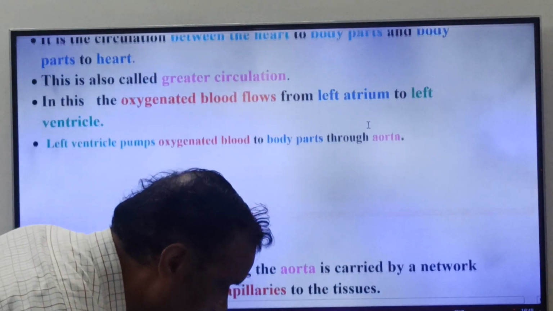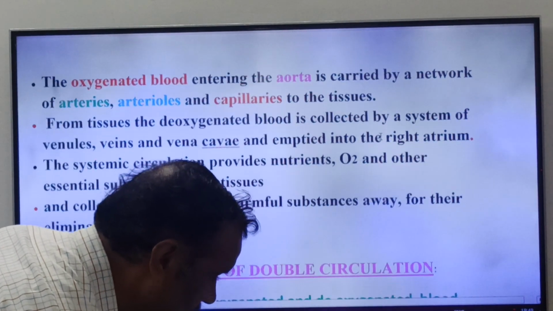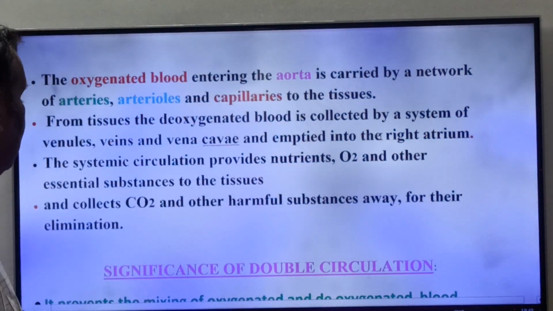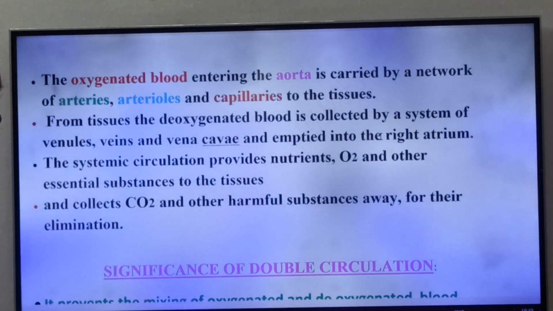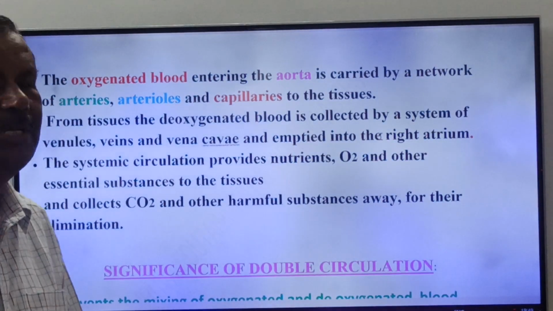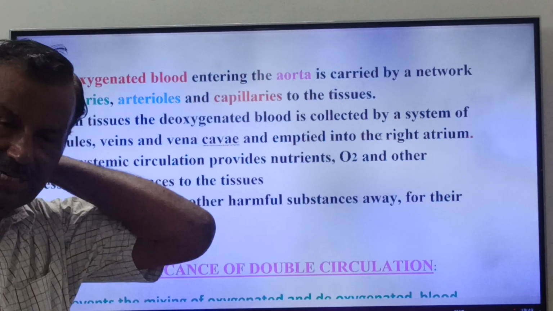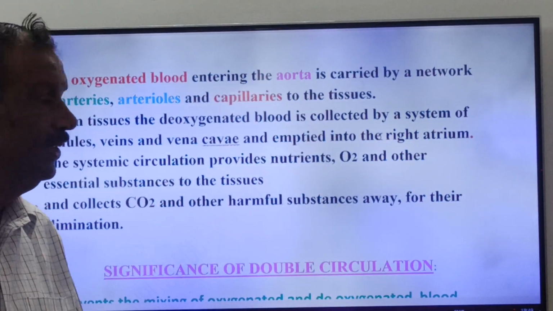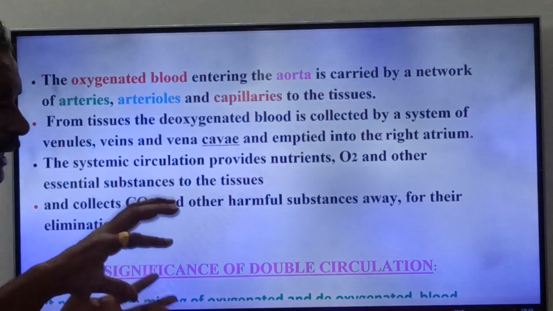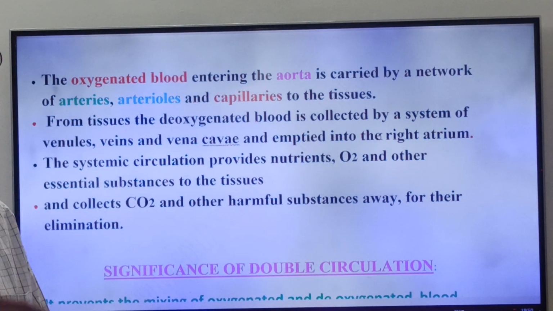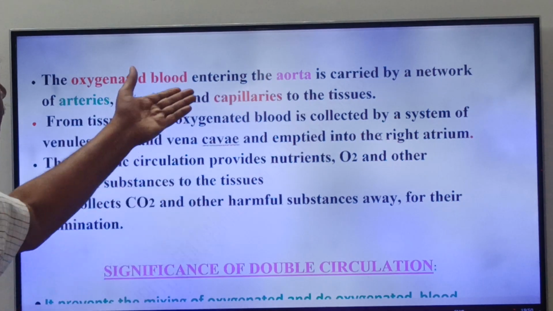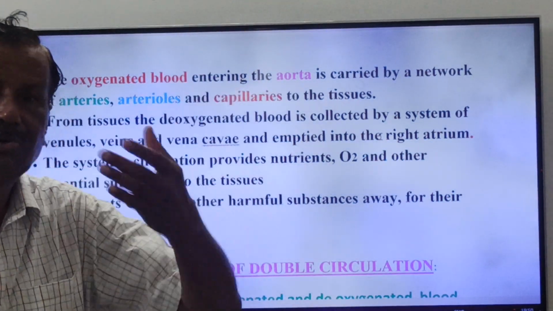The oxygenated blood entering the aorta is carried by a network of arteries, arterioles and capillaries to the tissues. So the main artery is what, friends? Aorta. This aorta splits into arteries, arteries split into arterioles, arterioles split into capillaries, and they supply blood to the tissues. They supply oxygen to the tissues.